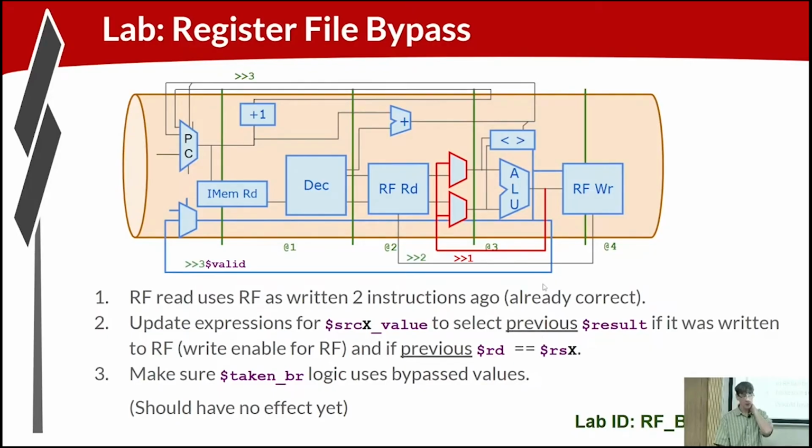So we want to select the previous result if it was written to the register file, so the write was enabled for it, and it was the same index: previous RD was the same index as my index. For both source registers.